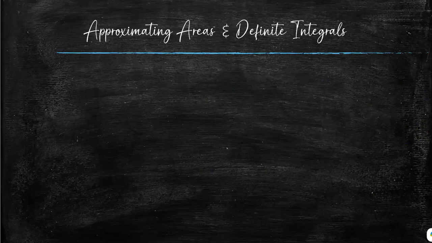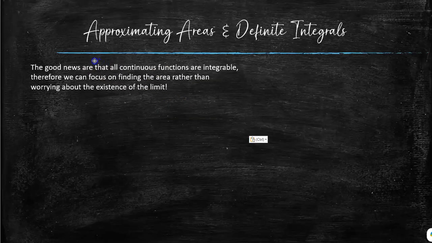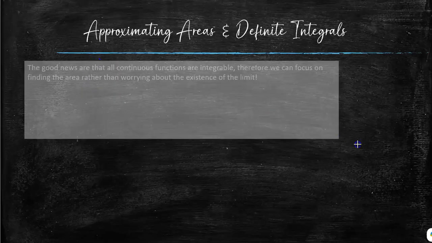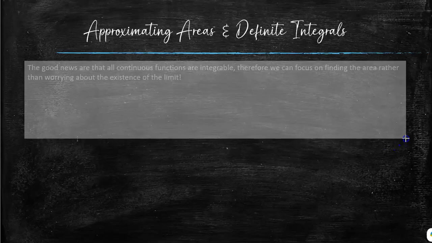The good news is that all continuous functions are integrable, and therefore we can focus on finding the area rather than worrying about the existence of the limit. So we had a big if when we defined that definite integral.